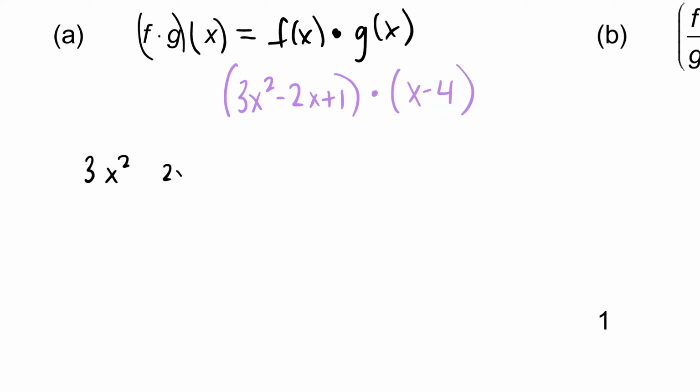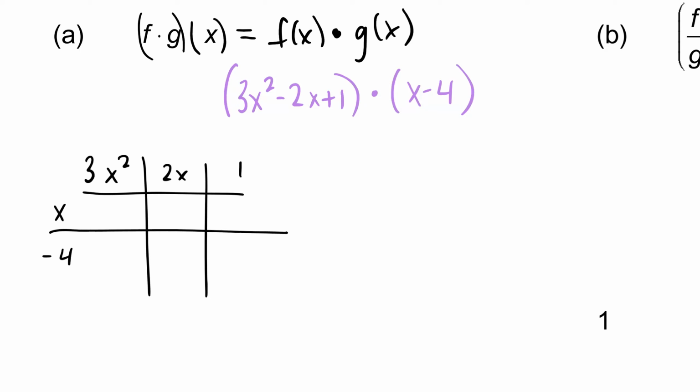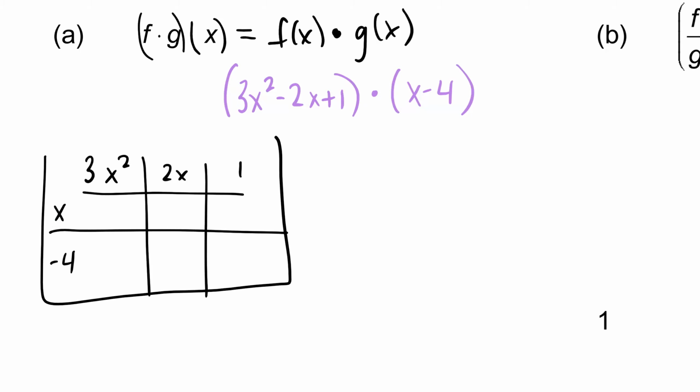3x squared, 2x, 1. And then I have x, and then I have minus 4. So this is one of the ways, like one of my pre-calculus students was wanting to know if I would accept this, because they're doing trinomial by trinomial, 3 numbers by 3 numbers. Oh my gosh. So you get like 9 terms.